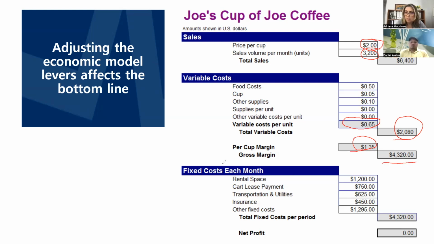Now here we put all the fixed costs, the rent, the car lease, the transportation, insurance, any other costs you may have. Totals $4,300. As you can see, this breakup, the way it is set up, made zero. You broke even, you didn't make money. So after you have your sales, I have to deduct the $2,080, and I have to deduct the 4,300, and I get zero.